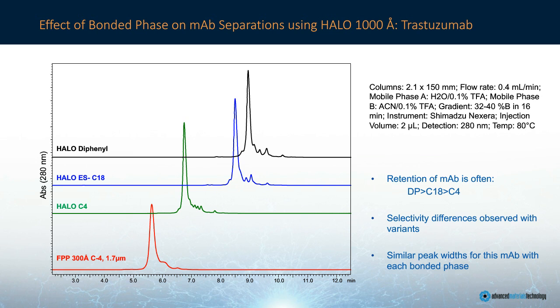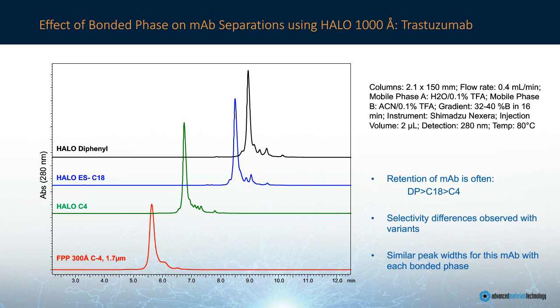So, what are the effects of the bonded phase on separations of trastuzumab? Here, this is an overlay of 3 different bonded phases, also being compared to the fully porous particle, 300 angstrom material. We do see an increase in retention for diphenyl. Diphenyl has the greatest retention, followed by C18 and then C4.